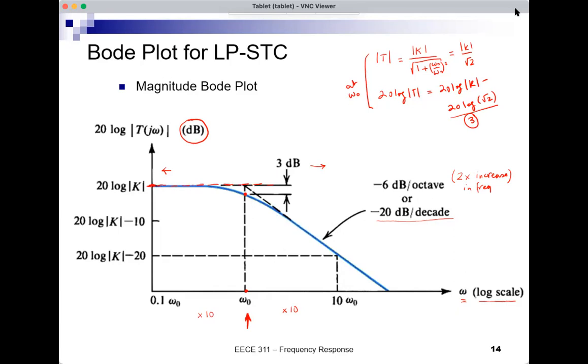And another asymptote, also a straight line, but with the negative slope of minus 20 dB per decade. Where would these two lines meet? They meet exactly here at omega 0. So the corner where the two asymptotes meet is exactly at omega 0, and that's why we also call omega 0 the corner frequency.